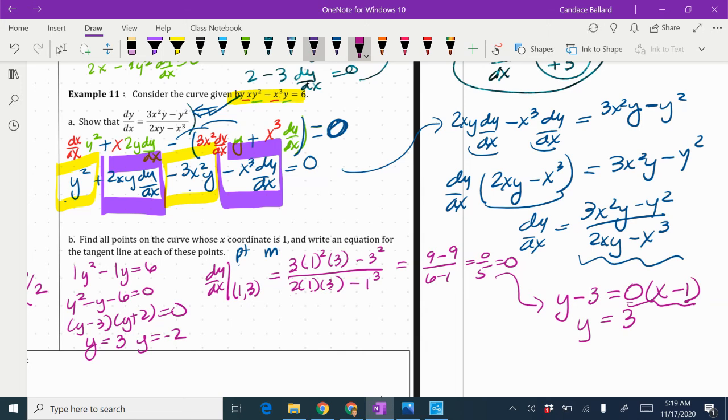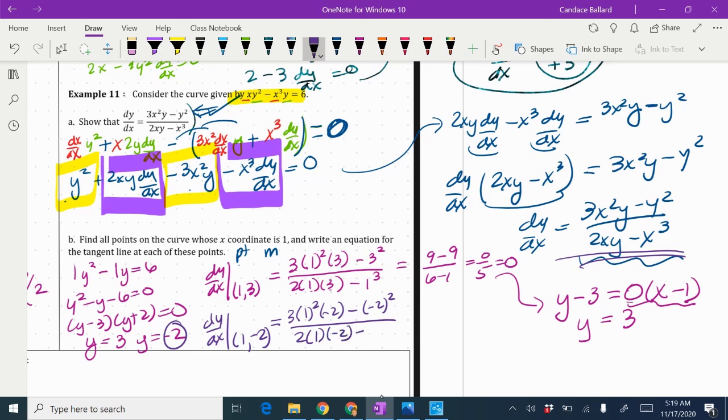All right, let's do the equation of the tangent line for the other one. So dy dx, I'm now going to plug in the point 1, and I'm going to use this negative 2 into my slope. So that would be 3 times 1 squared times negative 2 minus negative 2 squared over 2 times 1 times negative 2 minus 1 cubed.